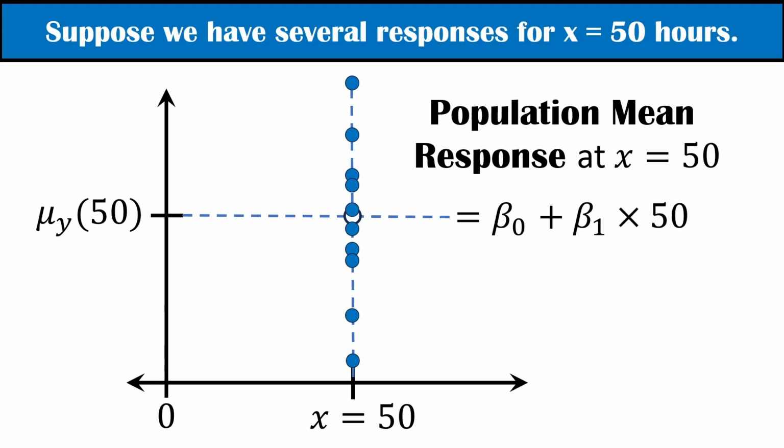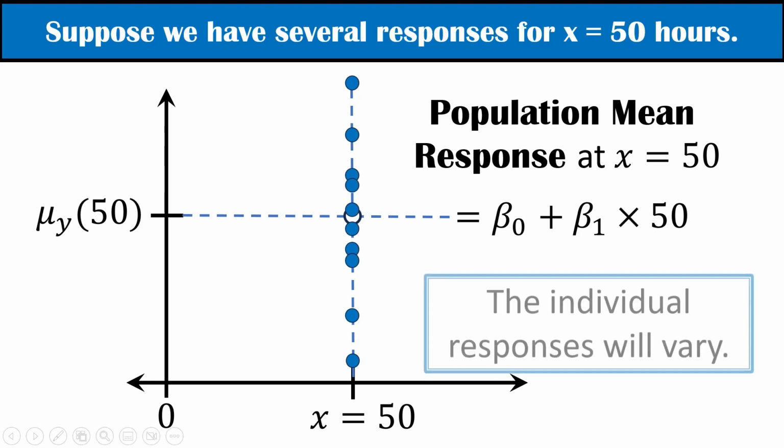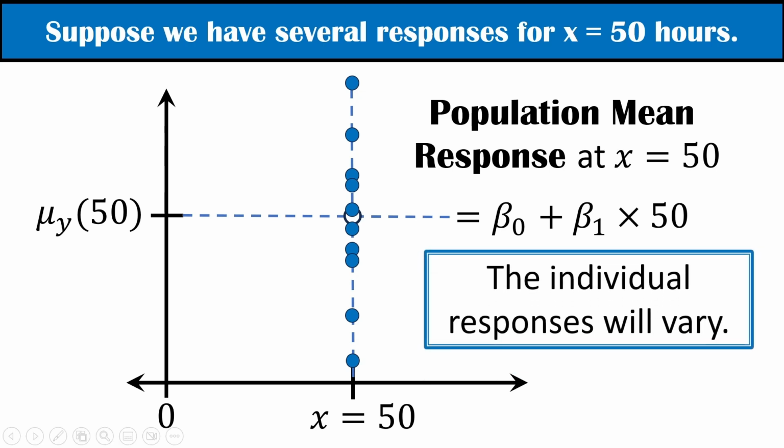So this could be the actual individuals, and if you look at the scatter of those data points, they're more or less centered at the population mean response. Again, we could calculate the population mean response if we knew beta 0 and beta 1, those population parameters. But the point is, there's going to be scatter around that population mean response, and that scatter is due to individual differences. So individual responses will vary.